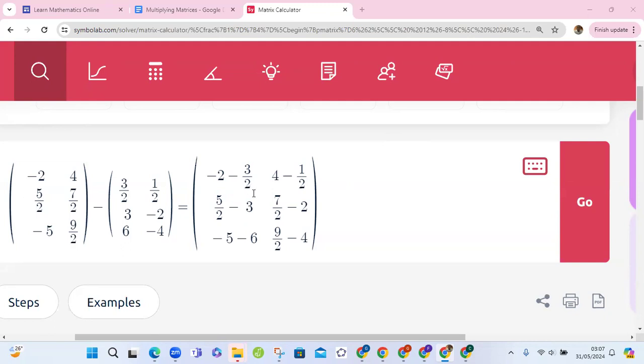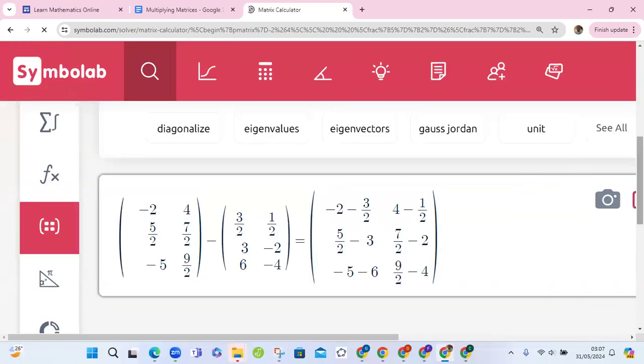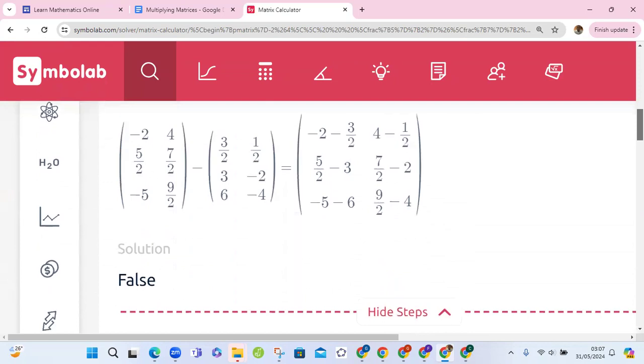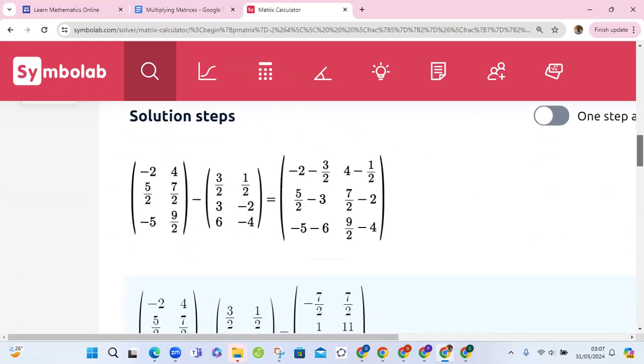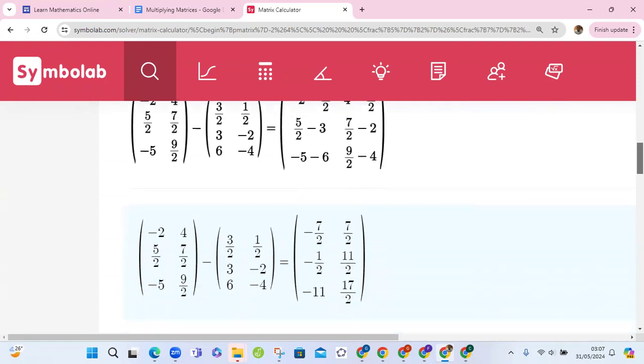And let's see the result. So here's the working, here's the calculation. And here's the result.